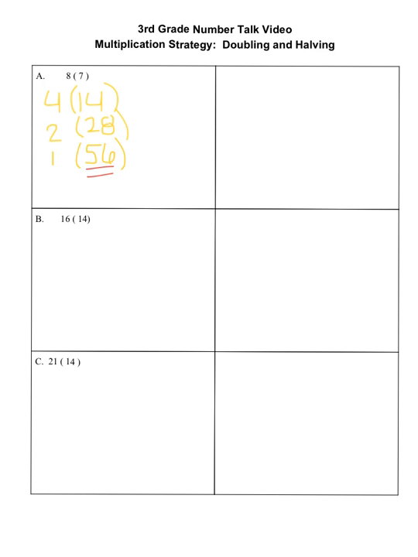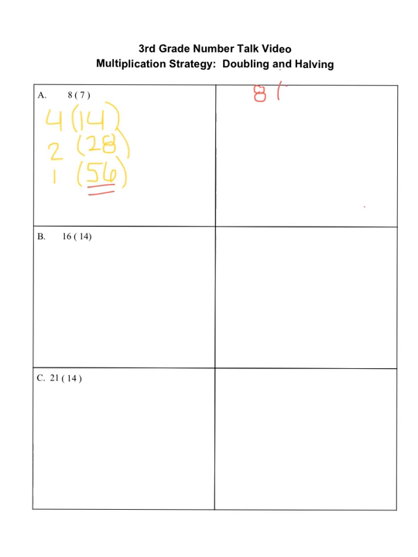Now, like I said, if we did it the other way and we elected to double the 8, double 8 is 16. Half of 7, though, is 3.5. So 3.5 times 16 is the same as 8 times 7.